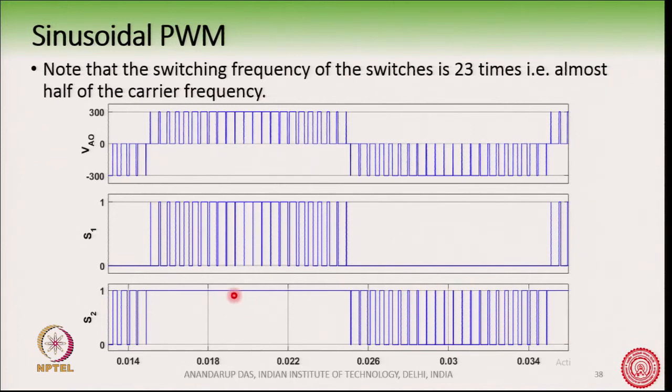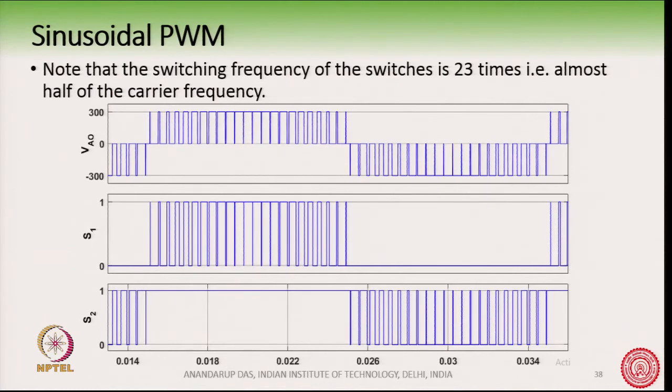Now, why should S2 be on here? S2 should be on because we are trying to produce the plus level here. In order to produce the plus level, both S1 and S2 should be turned on at the same time, whereas for the 0 level, S1 should be turned off and S2 should be turned on.